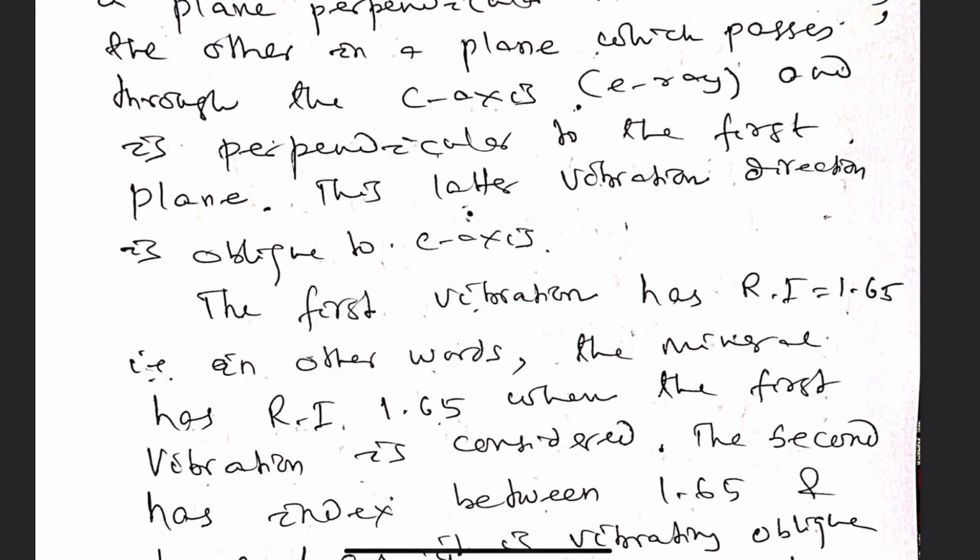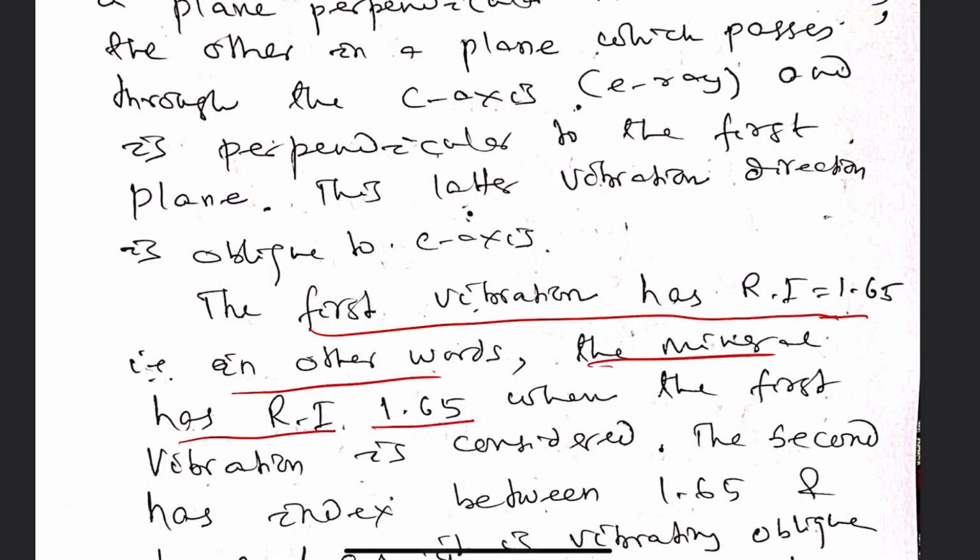So the first vibration has a refractive index of 1.65 because it is the O ray, which vibrates perpendicular to the C axis. In other words, the mineral has refractive index 1.65 for that light, the O ray.